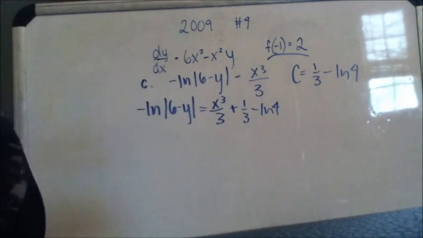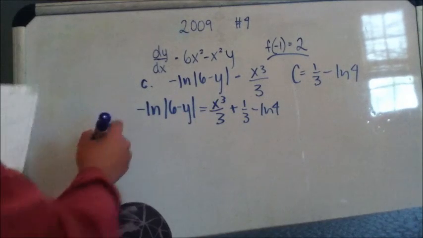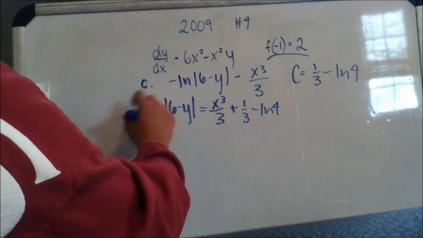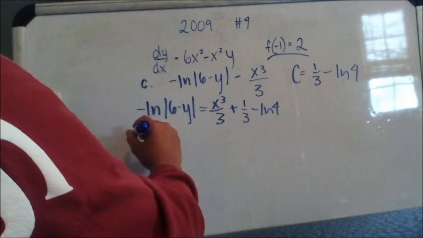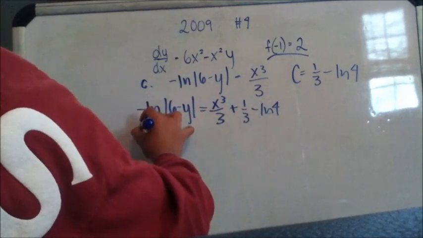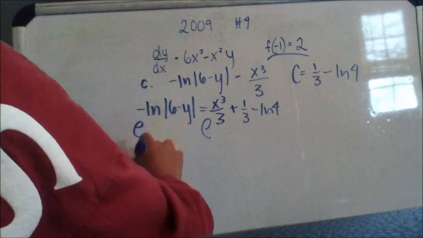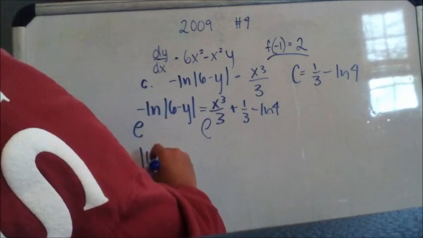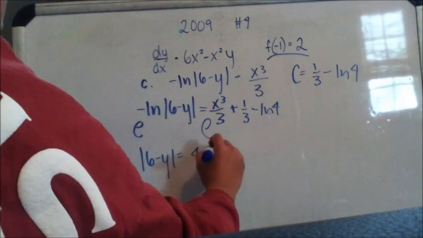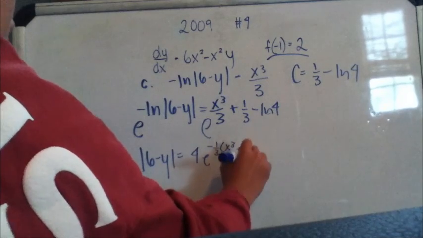And we want to get the y by itself, so we're going to multiply the negative by both sides, and we're going to raise this to the e power, e to all of this, so we can get rid of the ln, and we're going to get the absolute value of 6 minus y equals 4e to the negative 1/3 times x cubed plus 1.